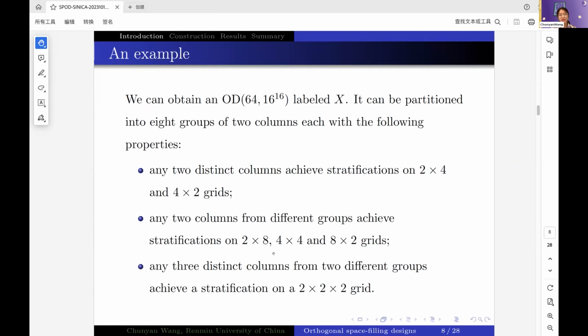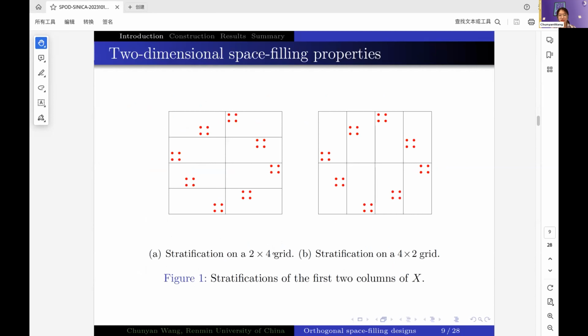So it may be very complicated, but we can see it in this way. So this is figure 1. Figure 1 shows the stratifications of the first 2 columns of design X. A design is essentially a matrix.